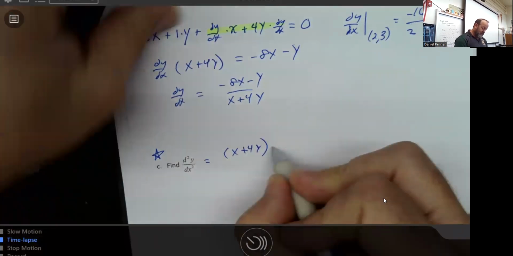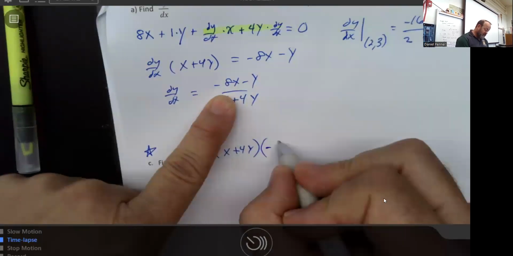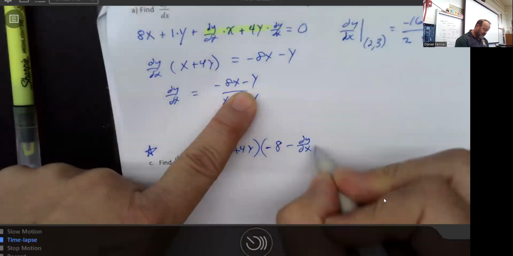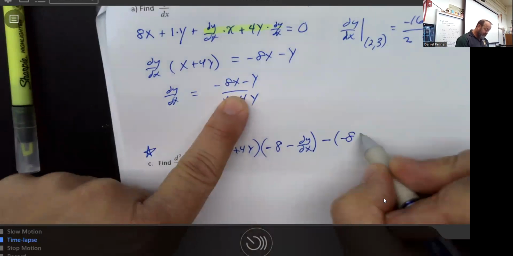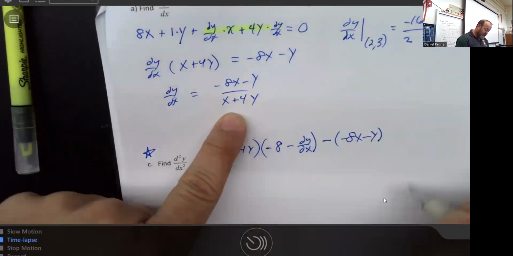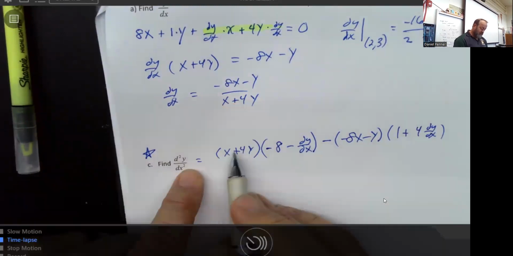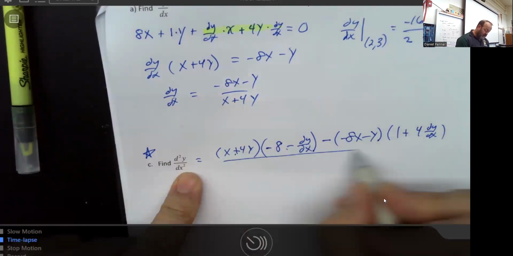Now here I got to do d high. The derivative of negative 8x would be negative 8 minus the derivative of y, which would be dy/dx, minus high d low, which would be 1 plus 4 dy/dx. So here's my low d high minus high d low over the square of what's below.